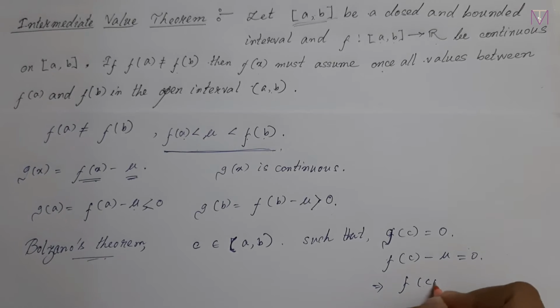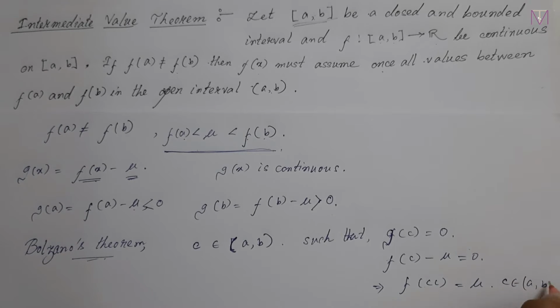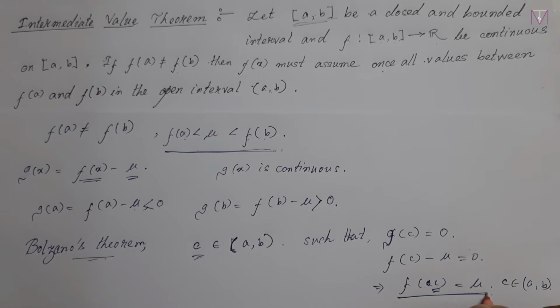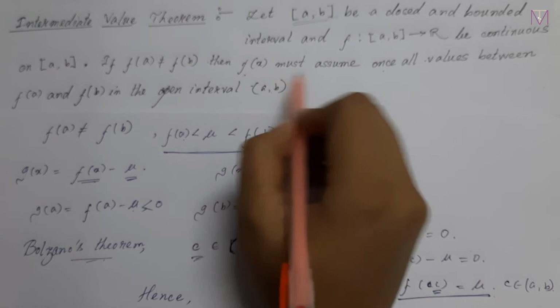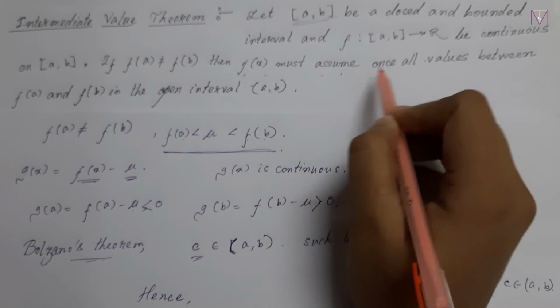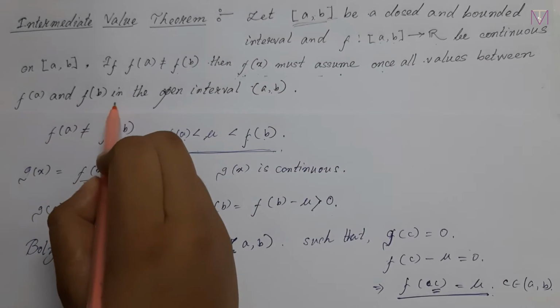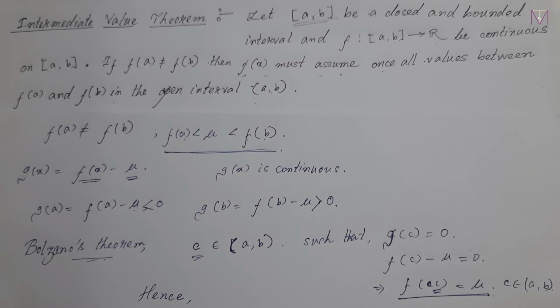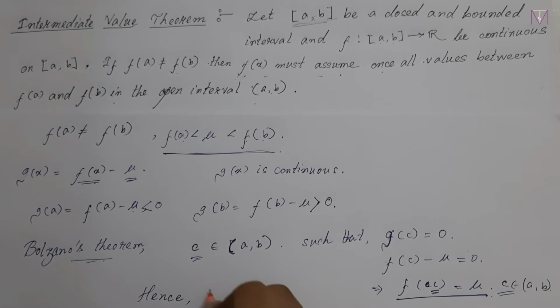Therefore f(c) is equal to mu, where c belongs to the open interval (a, b). So for this point c, we get the value of f(x) equal to mu. That was the statement that f(x) must assume once all values between f(a) and f(b) in the open interval (a, b), and this is c. So the theorem is proved.